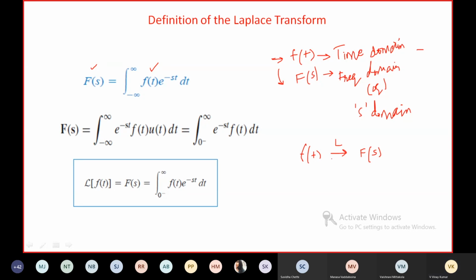So this is in time domain, whereas this function is a frequency domain function or S domain function. So Laplace of f of t is equal to F of s.